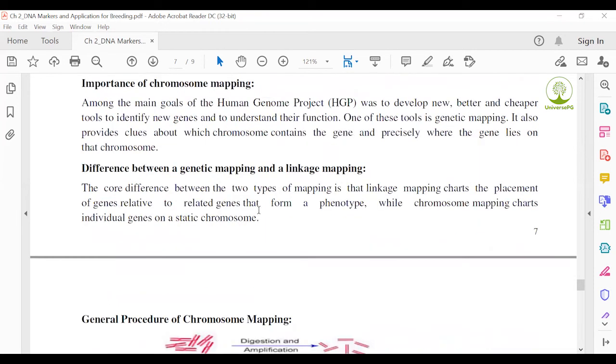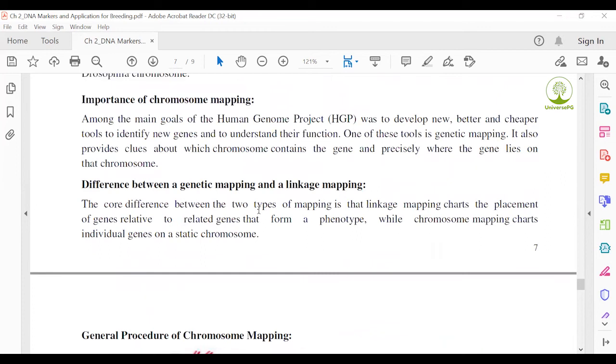Importance of chromosome mapping. Among the main goals of the Human Genome Project was to develop new, better and cheaper tools to identify new genes. For the identification of new genes, we use the chromosome mapping process to understand their function. One of these tools is genetic mapping.